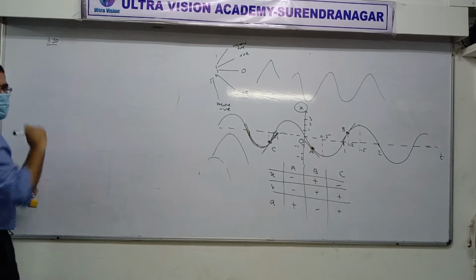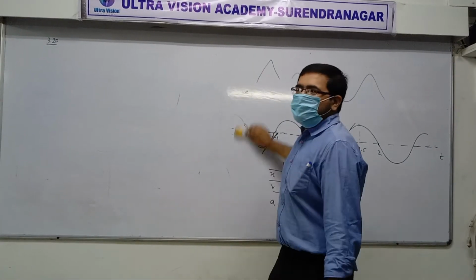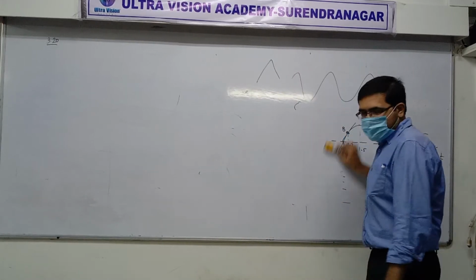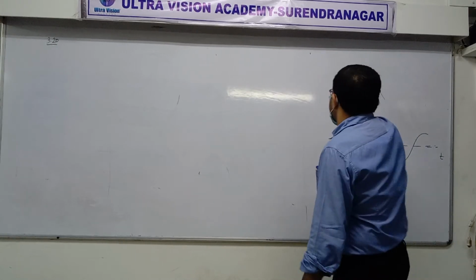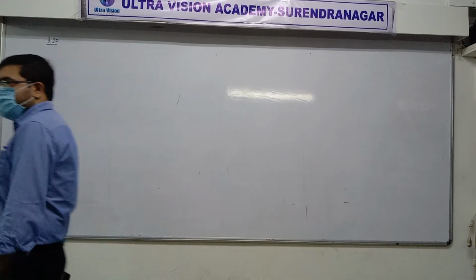And which graph are we given in this question? The x-t graph. So from the x-t graph, how can we find average velocity?